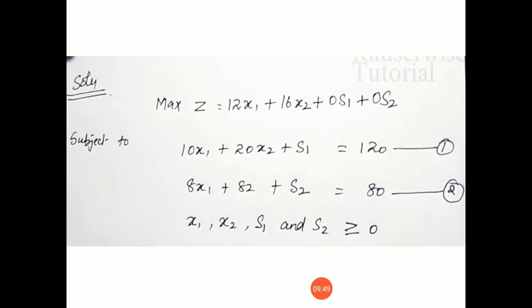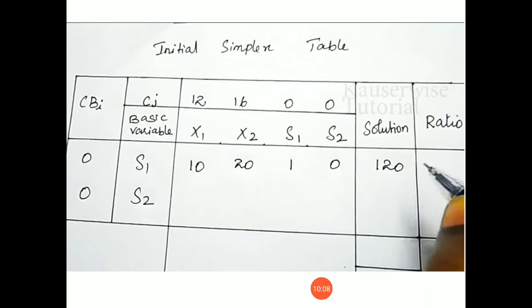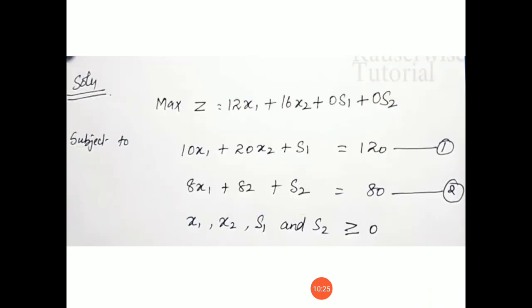So the coefficients are 10, 20, 1, 0, and I will be writing them in their respective places: with x1 I write 10, with x2 I write 20, with s1 I write 1, and with s2 I write 0. And in the solution column I have written 120, as the equation is equal to 120. So 120 is the solution.